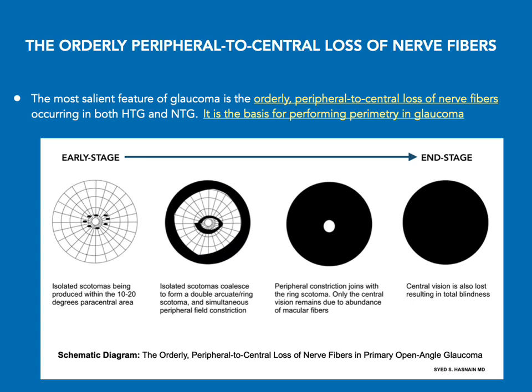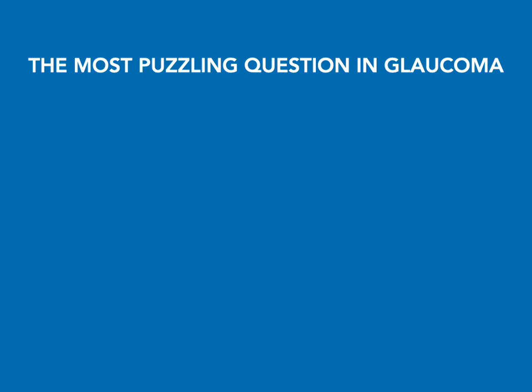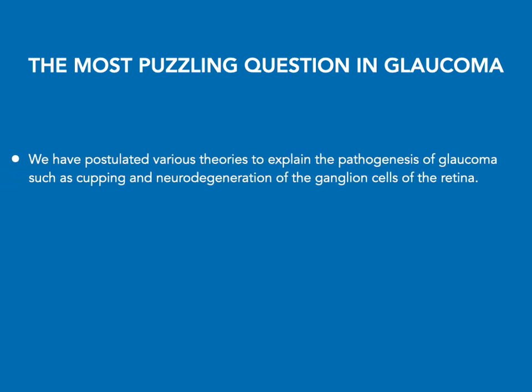It is important to note that it is inconceivable that elevated IOP or any other risk factor, by its direct action, would selectively destroy the nerve fibers in this orderly sequence. We have postulated various theories to explain the pathogenesis of glaucoma, such as cupping and neurodegeneration of the ganglion cells of the retina.